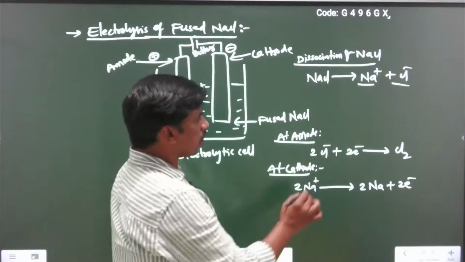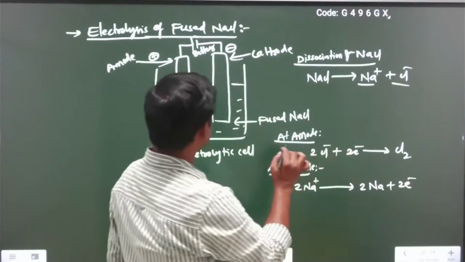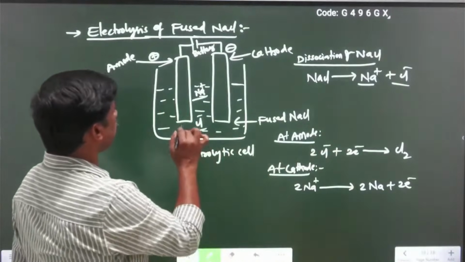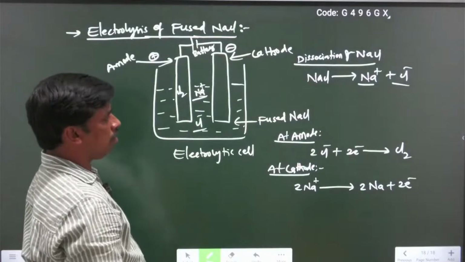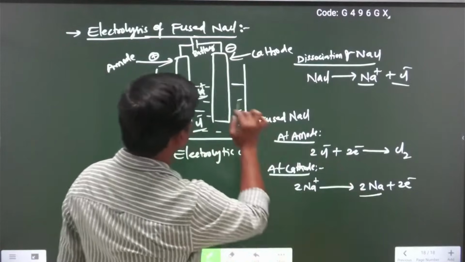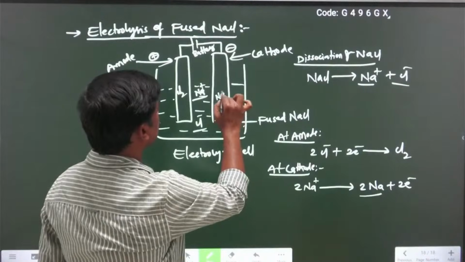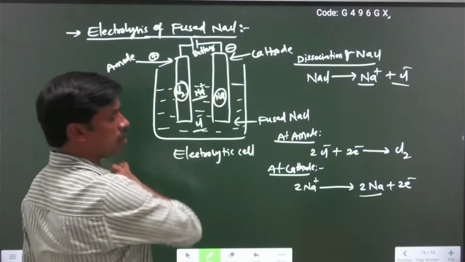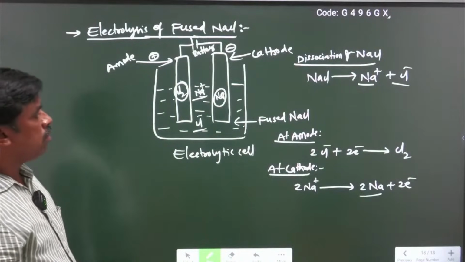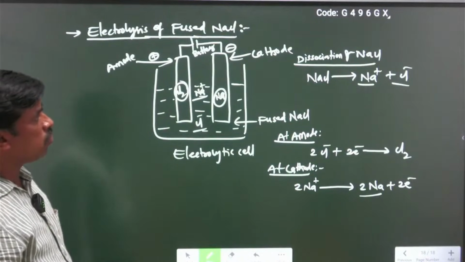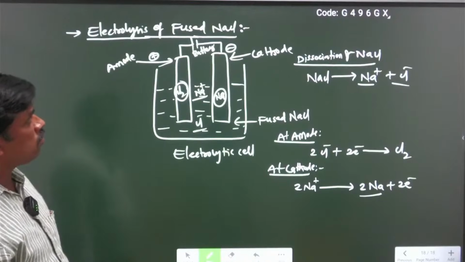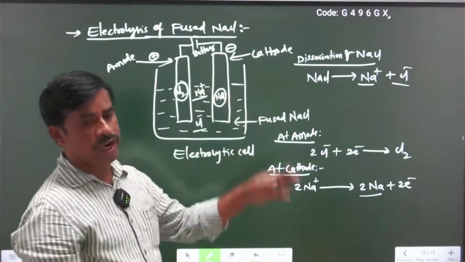Check it here. Chlorine is liberated at the anode, and sodium is deposited at the cathode. This is the electrolysis of fused sodium chloride, the process of decomposition of sodium chloride.